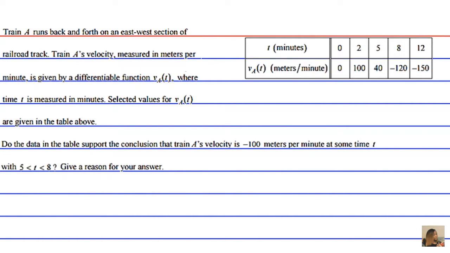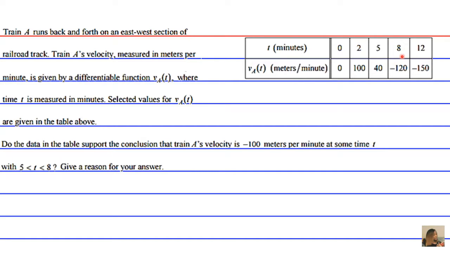All right, so we're asked to determine whether or not the conclusion that there's a negative 100 meter per minute velocity falls within the time interval between 5 minutes and 8 minutes. And what we're going to use to support our final answer is what's known as the intermediate value theorem.